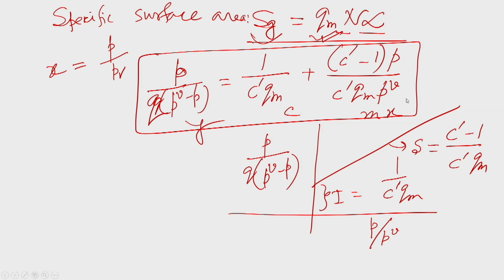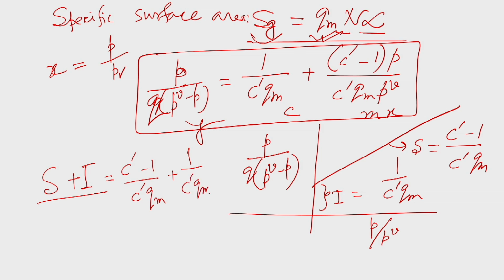So, now we will be adding the slope and intercept. In case of BET, we add the slope and intercept. So, we get C prime minus 1 by C prime into Qm plus the intercept 1 by C prime into Qm.